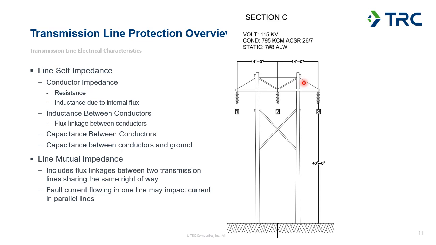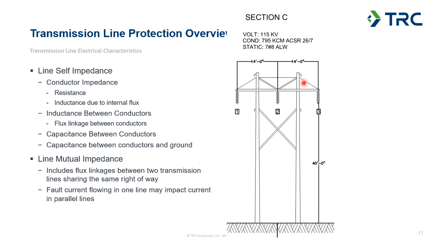So when we start to look at the electrical quantities for a transmission line, it's not quite as easy as just looking at the conductors themselves and looking at the impedance per foot and multiplying that over the distance of the line, because there's a lot of other effects going on when you're working with high voltages and large power flows.